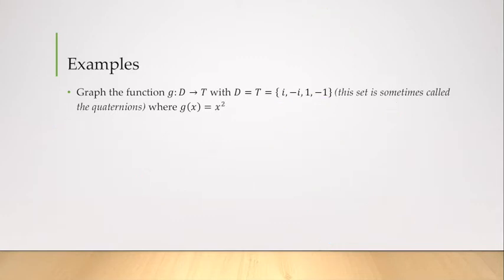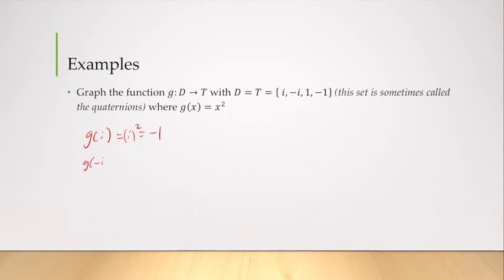Next, we're going to graph the function g from our domain to the target. We're still working with the quaternions, but this time my function is x squared. So if I take g of i, substituting in my domain values, i squared gives me -1.